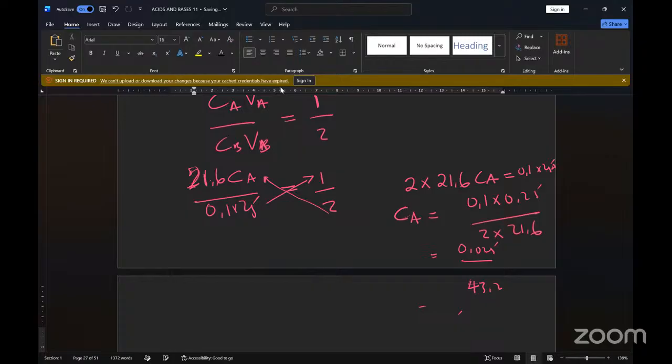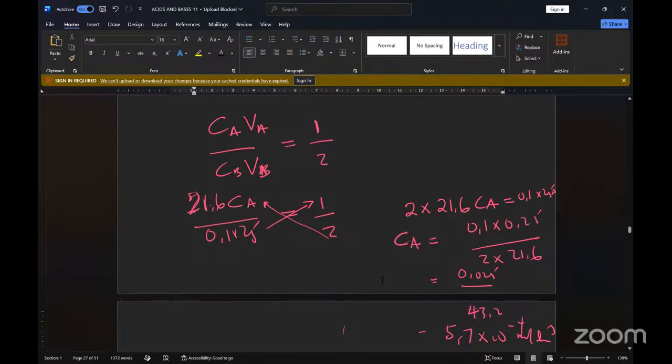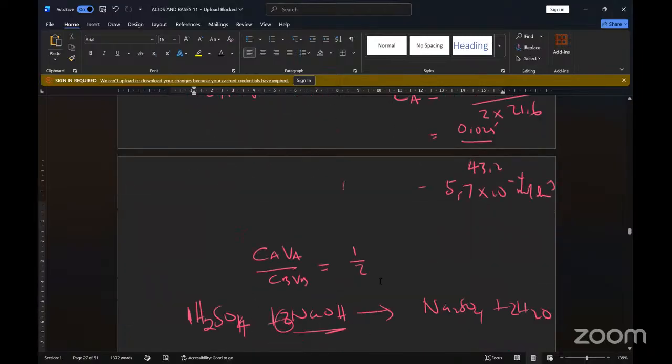And the answer, calculated, is 5,7 times 10 raised to the power minus 4 mole per dm cube. So that is how we go about answering this question.